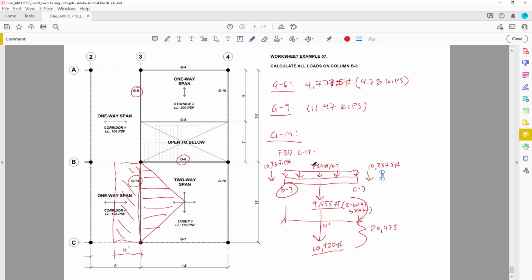Okay, so we're just concerned with what's happening at B3. And so let's just round that up to 10.24 kips.